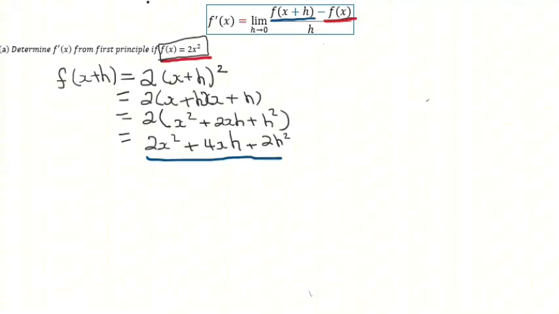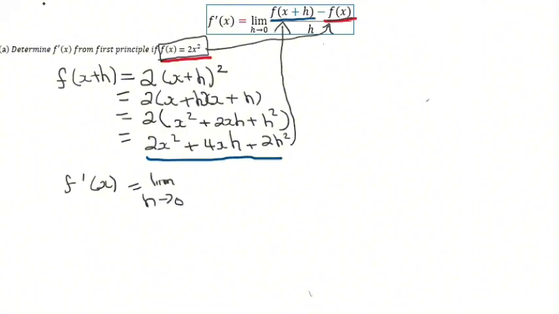So your job now is to take this f(x plus h) and substitute it into the original equation. And also this f at x, you're going to substitute it here. Now let's proceed. So what we'll say now is the first derivative of x is equal to the limit of h as it approaches 0.